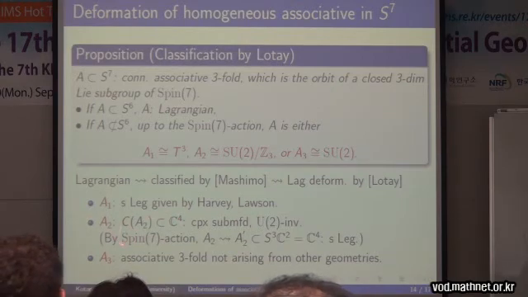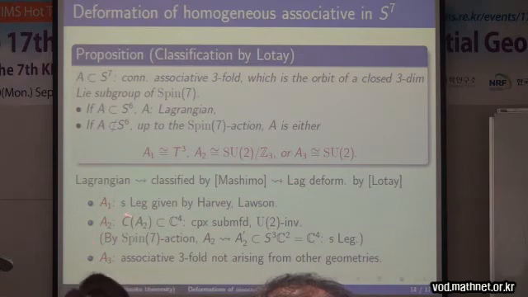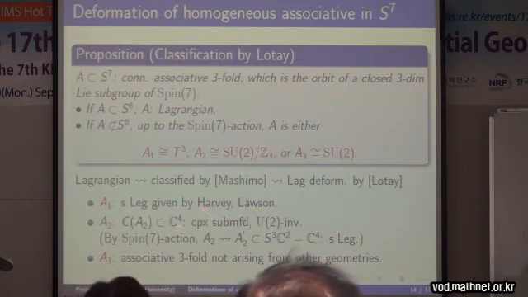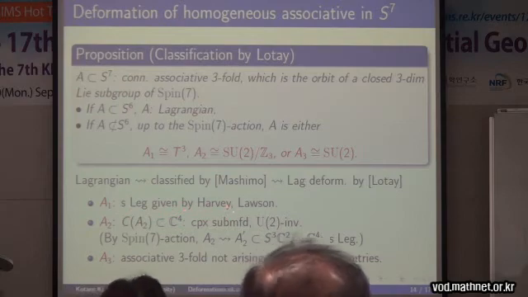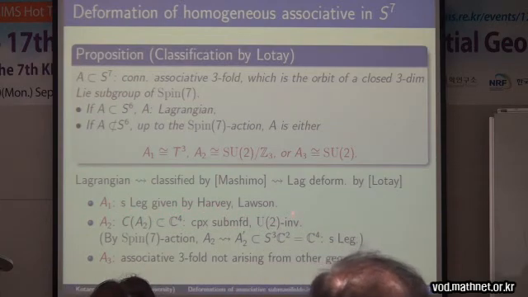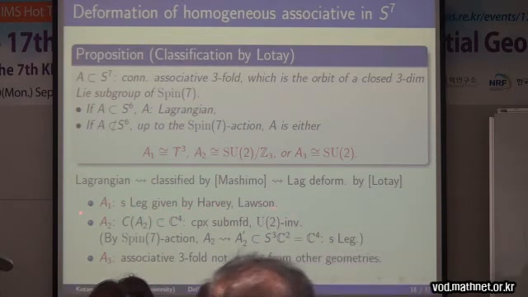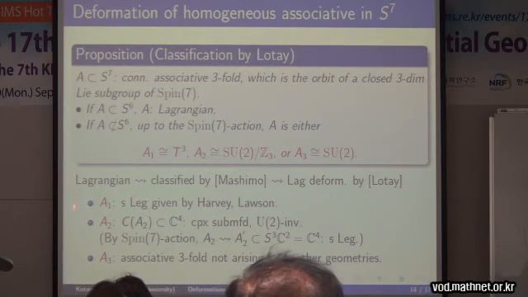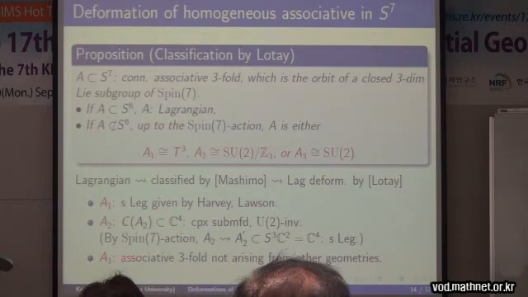Next we give some properties of A1, A2, and A3. First, A1 is a special Lagrangian submanifold given by Harvey and Lawson. Perhaps it is the first known non-trivial example of special Lagrangian submanifolds.